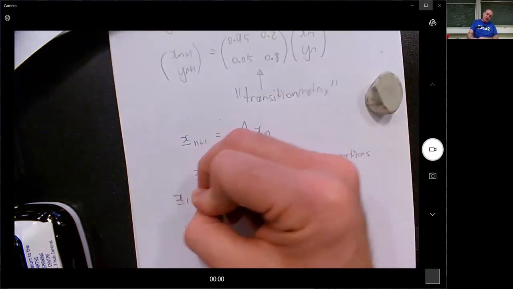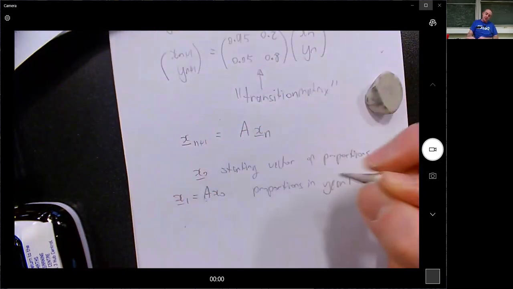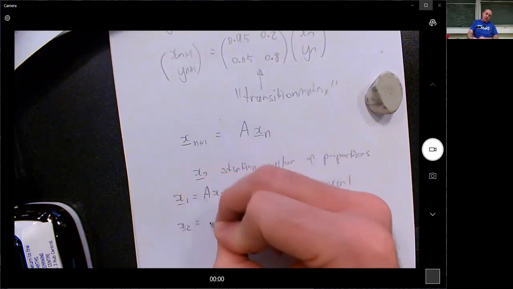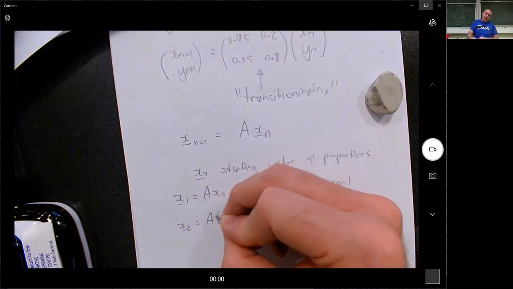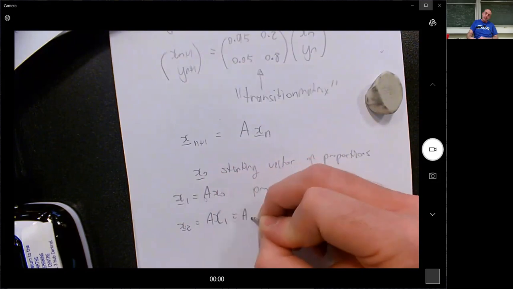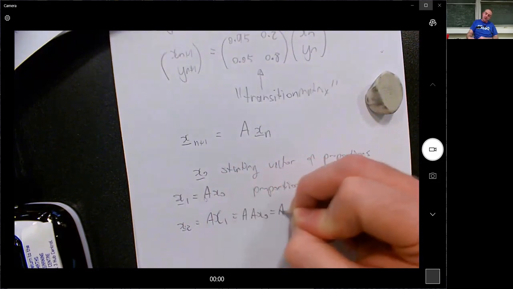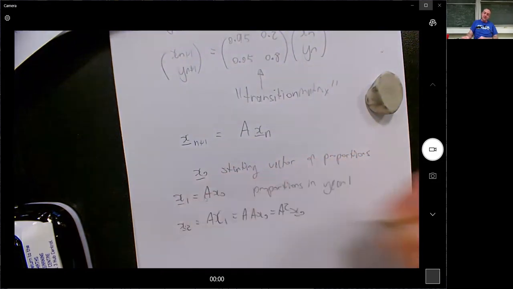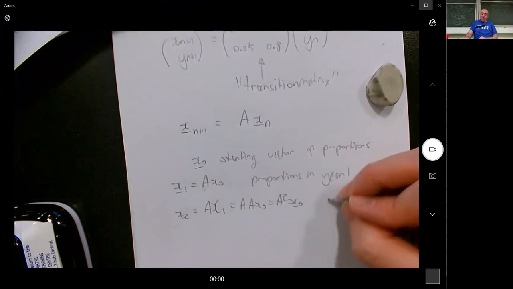So proportions in year 1 would be A times x0, and the proportions in year 2 would be A times x1, which would be A times A times x0, which would be A squared times x0, and so on forever, right?